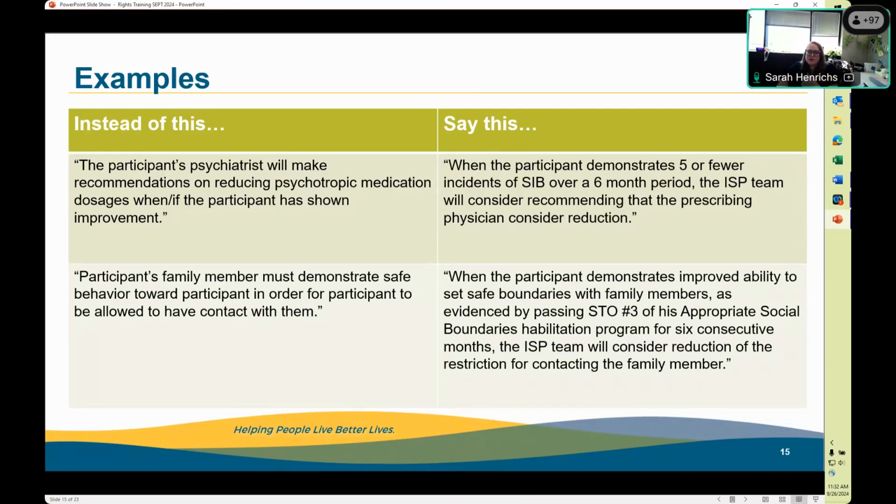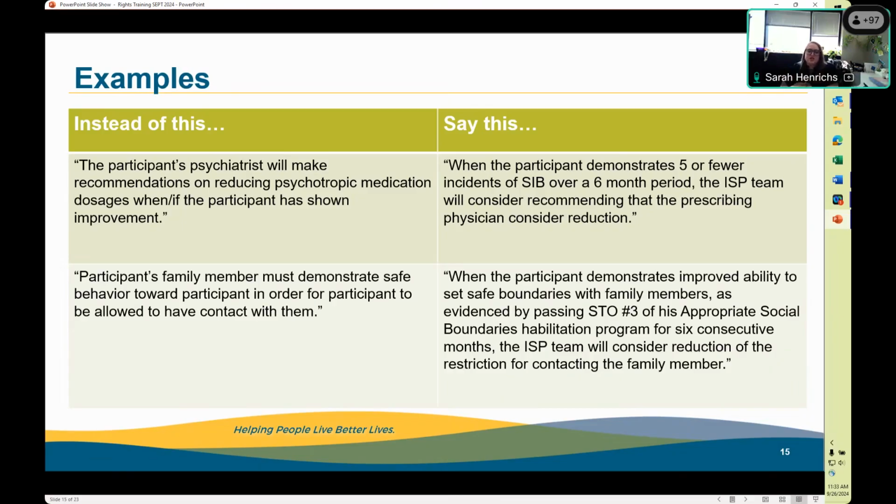It doesn't have to be super elaborate or anything. It just has to have the right elements. It has to be measurable, specific, relevant and objective. Instead of saying the participant's family member must demonstrate safe behavior towards them in order for the participant to be allowed to have contact with them, like I said, reframe that towards what the participant can learn or demonstrate.